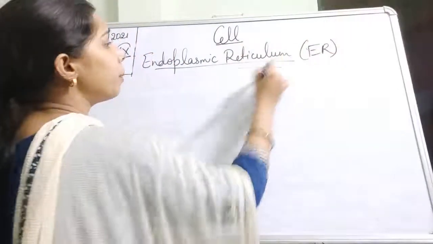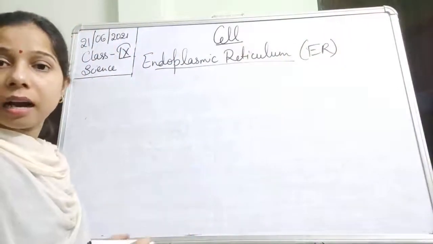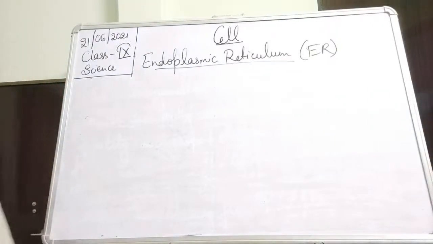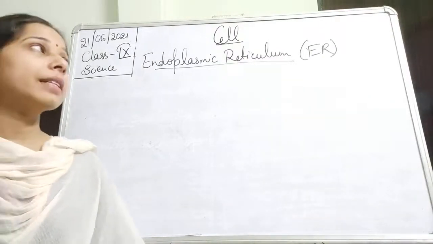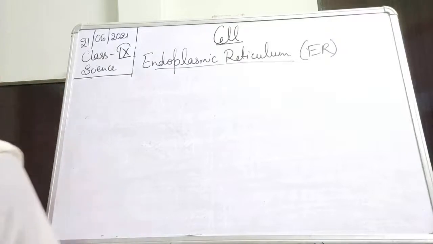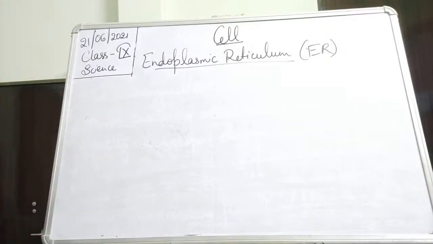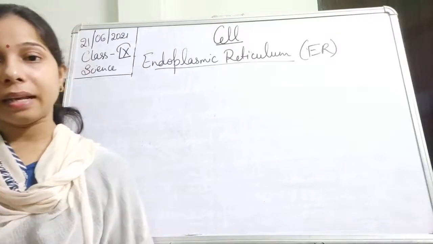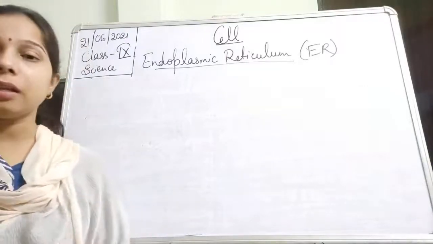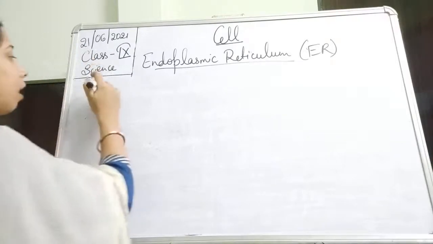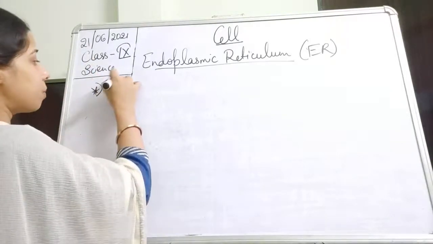Again, it is divided into RER and SER depending upon the presence of ribosomes on it. Endoplasmic reticulum is what? It is found in every living cell except prokaryotes. It means prokaryotic cells do not have it, and it is also not present in mature mammalian RBCs.